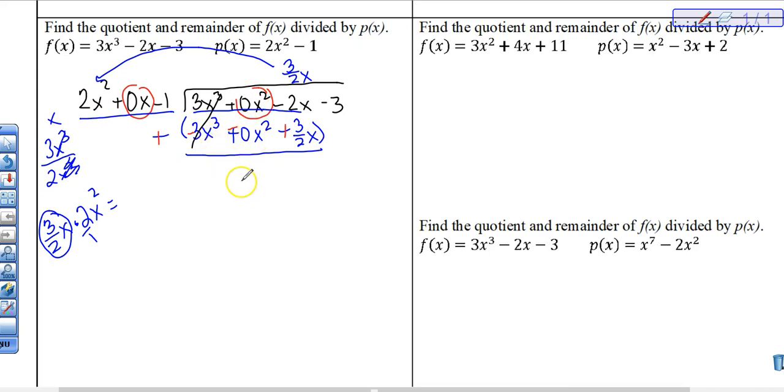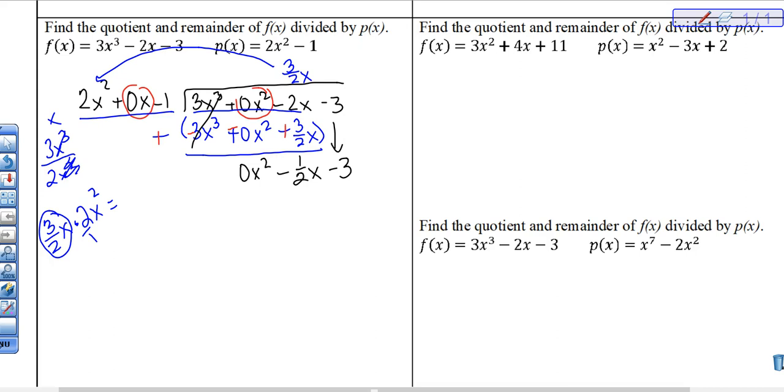Then in this section we have 0x squareds minus 1/2 x, and bring down the minus 3. Yeah, I don't mind if you use decimals.